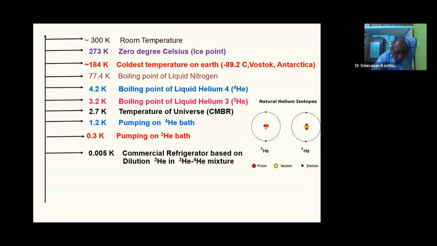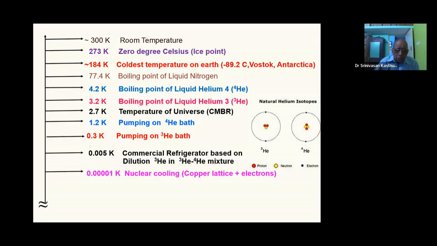That is the sort of temperature which you will normally reach. And in nuclear cooling, using a copper lattice with electrons, you will reach a temperature much lower than this, maybe of the order of something like 0.401 Kelvin. That is what you will achieve with nuclear cooling.